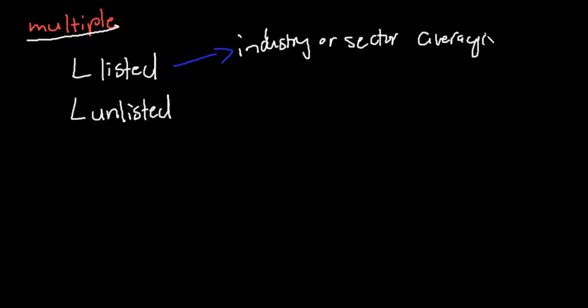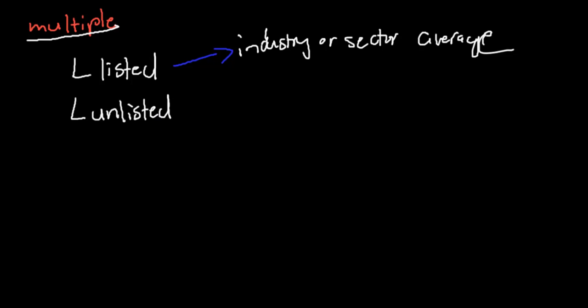So, for example, if the company I'm trying to value is listed, however, it's in the financial services industry, when we talk of the multiple or comparable multiple we should be using, we're talking about the industry average of other similar financial service companies. The same would apply if it was in the food or retail industry. Then we'd look at the industry average multiple for the food industry in that respect.